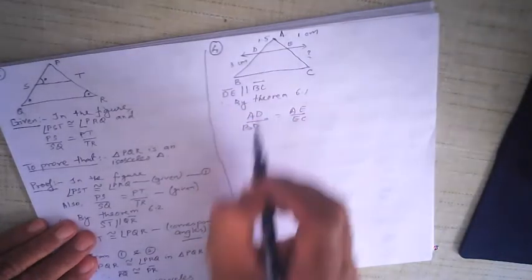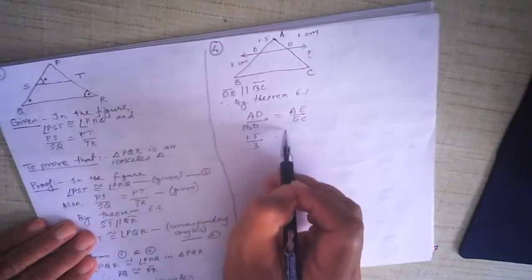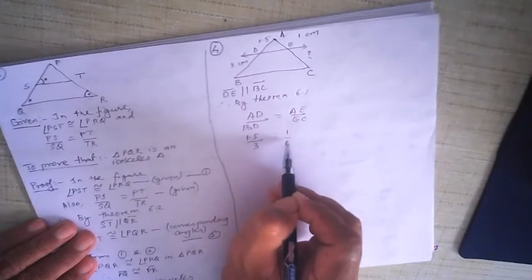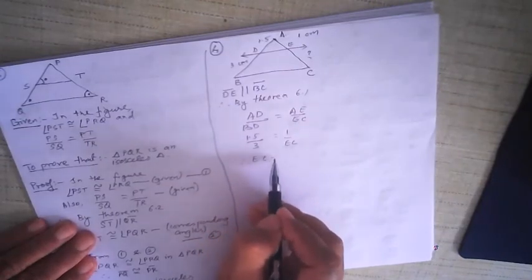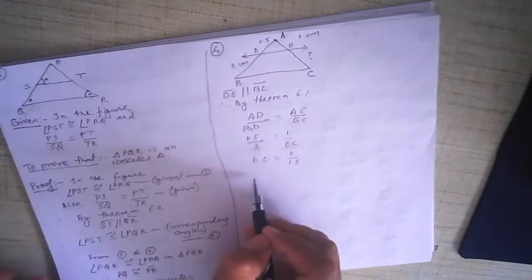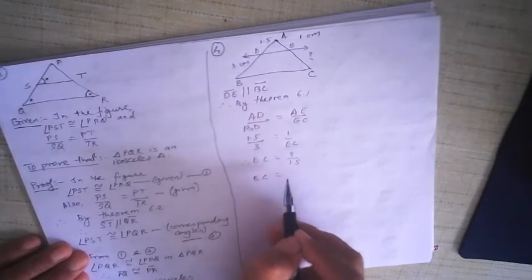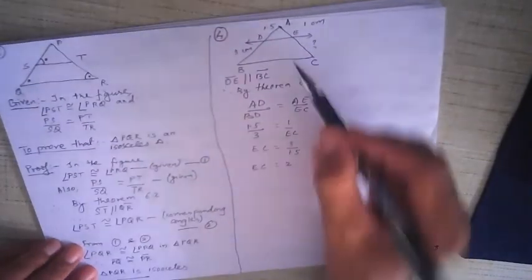AD is 1.5, BD is 3, AE is 1, and EC we want to find out. Therefore EC will be equal to 3 upon 1.5, so EC will be equal to 2 centimeters.